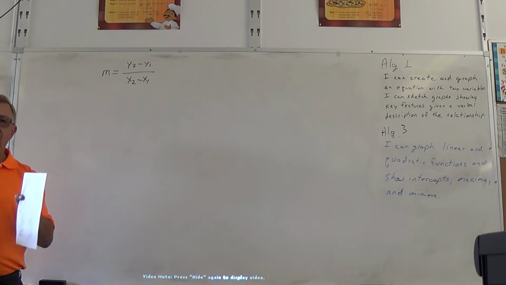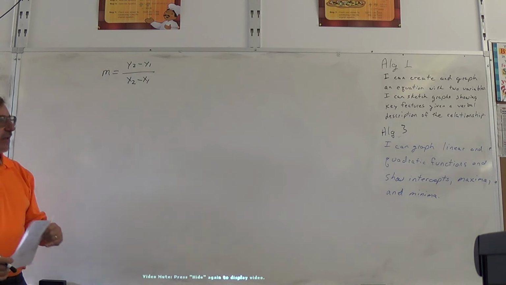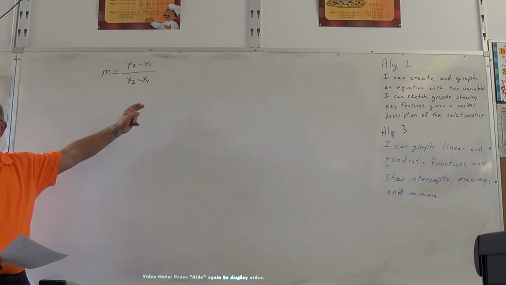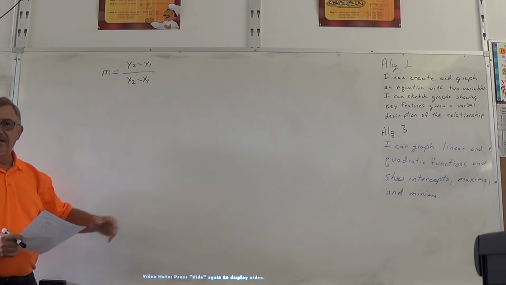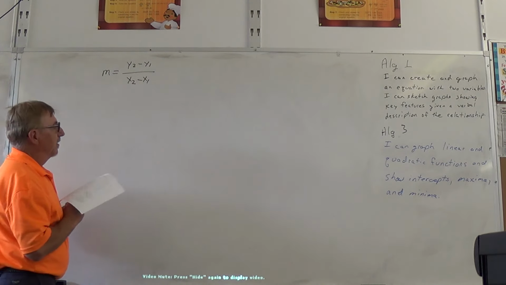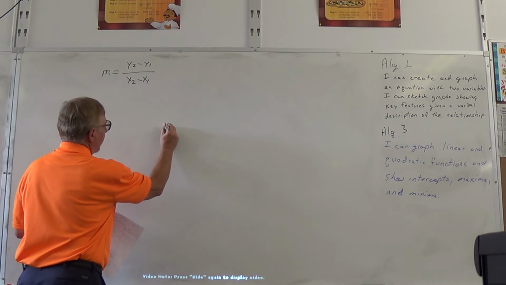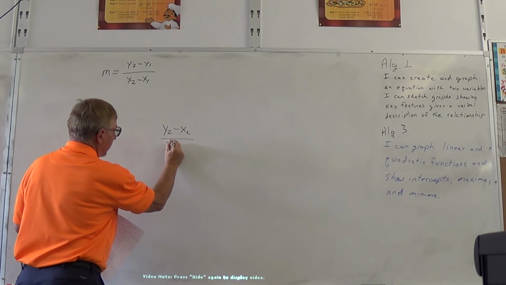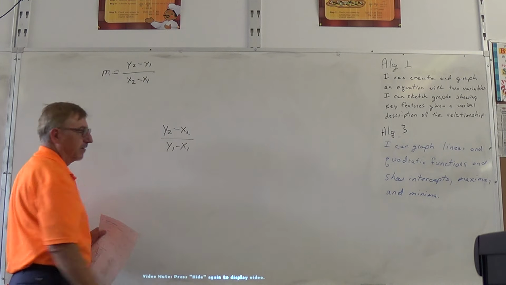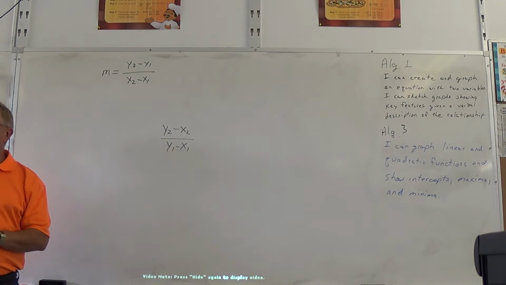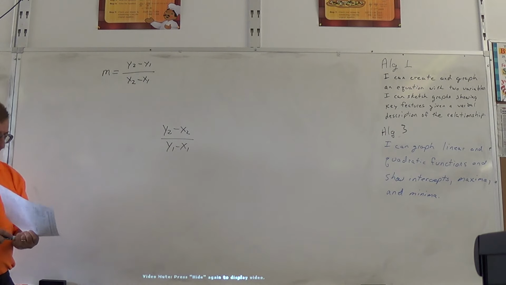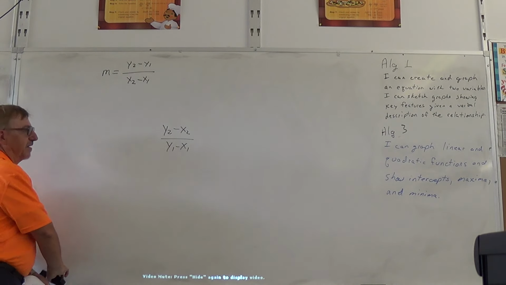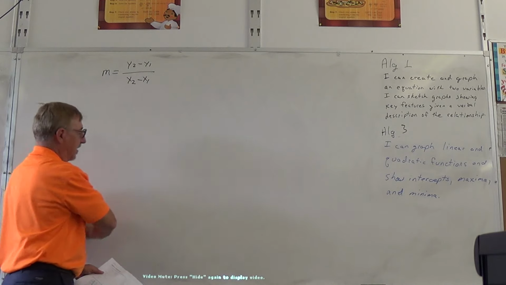Because I see a whole lot of students that get started out doing it this way, and by the time they get to the bottom, they're using a different formula, and that doesn't work.